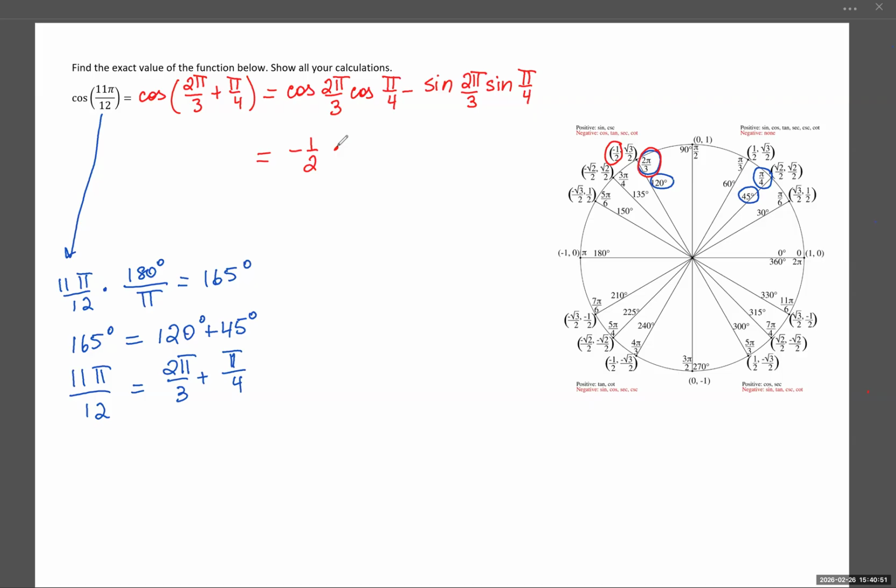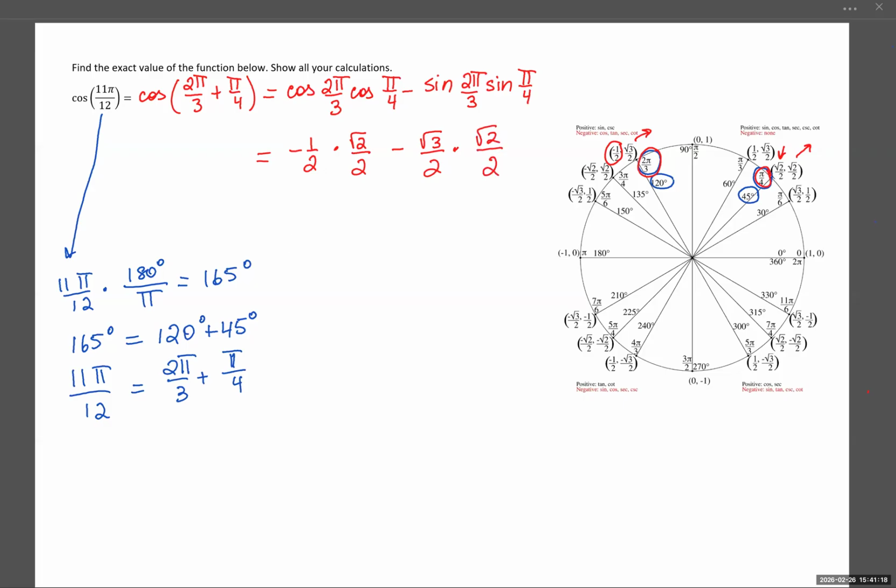Now cosine of pi over 4, pi over 4 is right here, cosine is the x-coordinate, so square root of 2 over 2. Minus sine of 2 pi over 3, so that is this y-coordinate of 2 pi over 3, so that would be square root of 3 over 2. And sine of pi over 4, that's the y-coordinate of the pi over 4 angle, that's square root of 2 over 2.